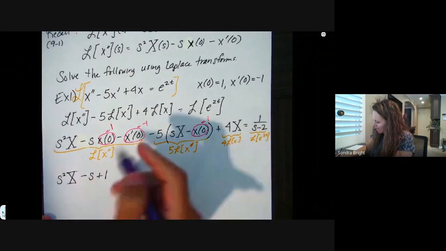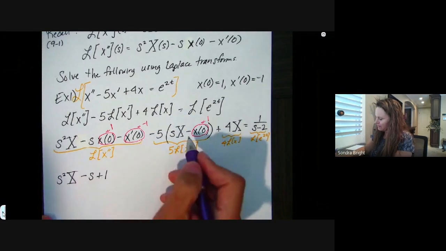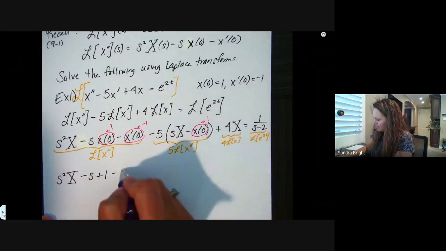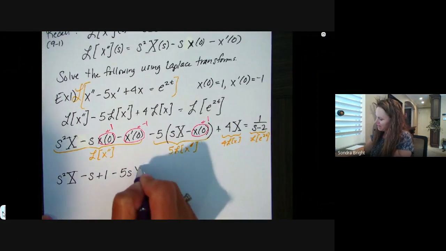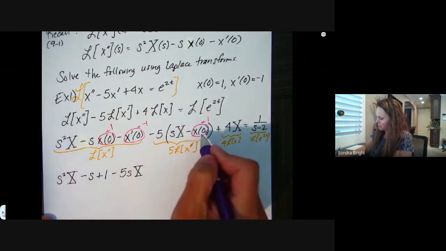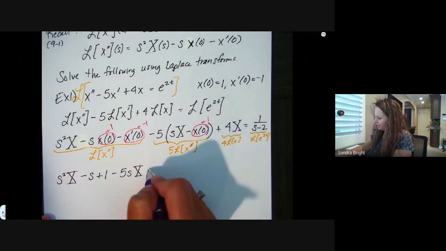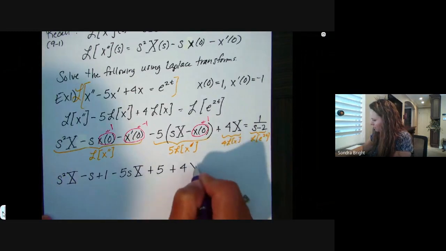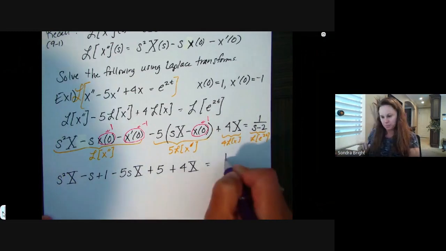Then I distribute the negative 5: a minus 5s times capital X, and a minus 5 times a minus 1, so a plus 5. I still have the plus 4 times capital X, equal to 1 over s minus 2.